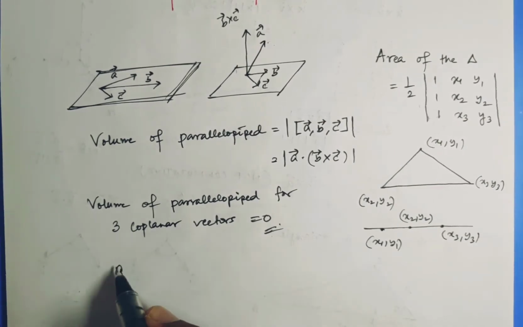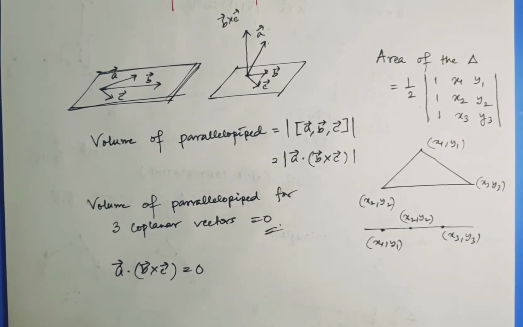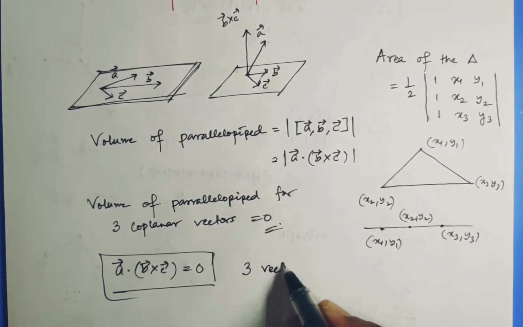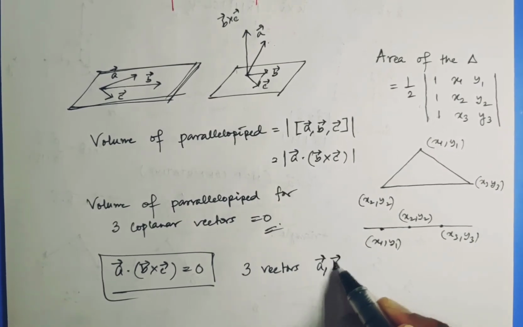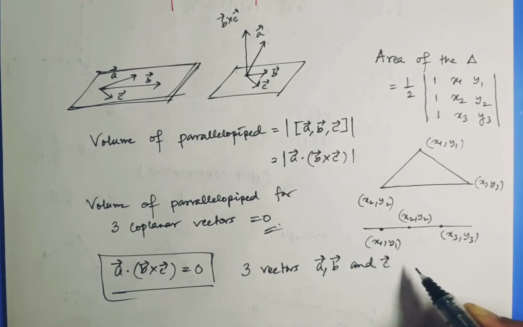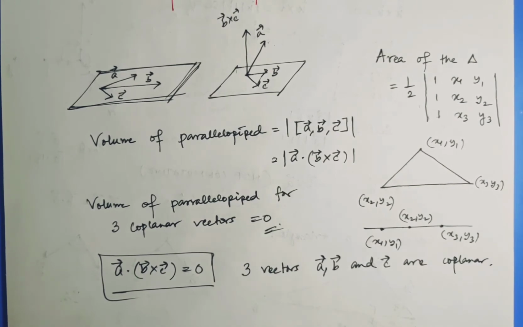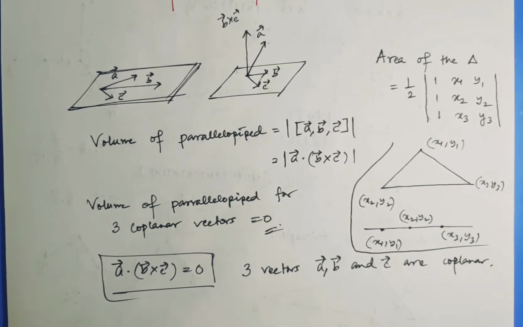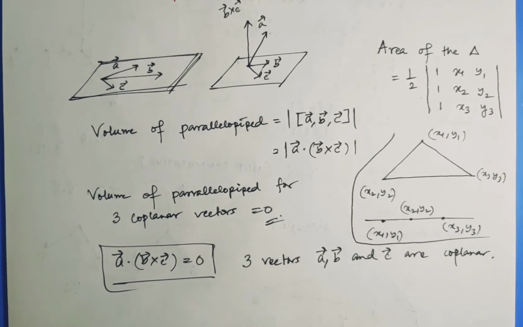We use that A dot B cross C equal to 0. If we prove this one, then we can say that three vectors A, B and C are coplanar.